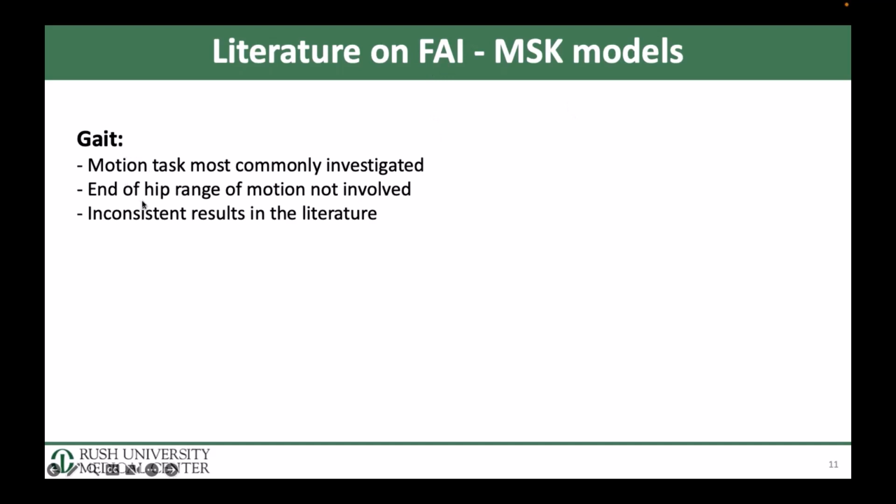One important thing about gait, and I will talk about it also later on in the presentation, is that hip range of motion is not highly involved, and it's also important to underline that inconsistent results are obtained in the literature concerning gait. So what does this mean?